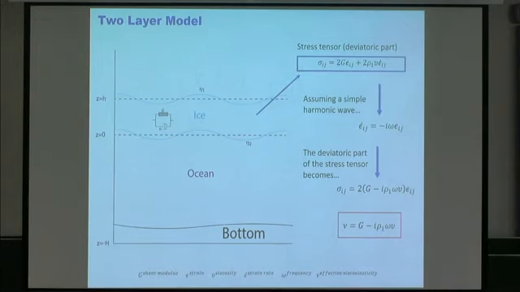So in terms of that two-layer model, when we look at the deviatoric part of our stress tensor, in a Kelvin-Voigt material, this is what it will look like. So you have 2 times the shear modulus. This is your strain. Here's your viscosity. This is not a nu, it's an upsilon, so I'm sorry, those are going to look similar. But then here we have our strain rate. Under the assumption of some harmonic wave propagating through, the strain rate just is minus i omega times the strain.